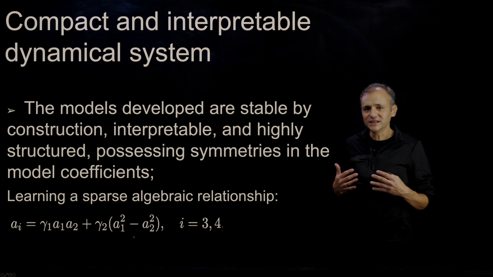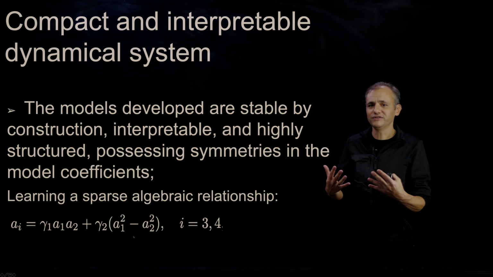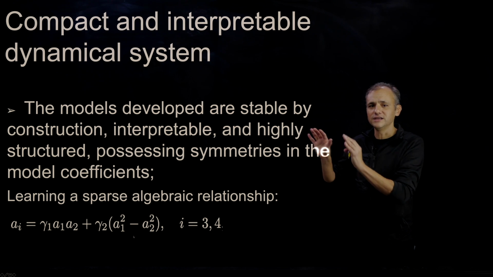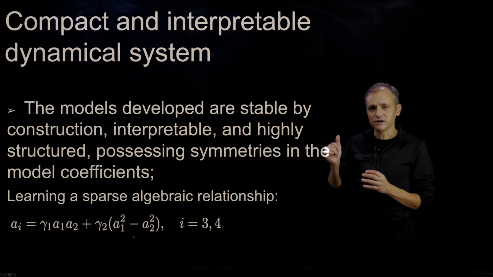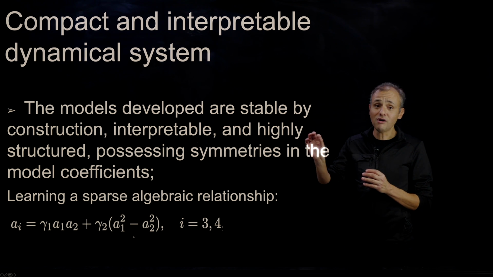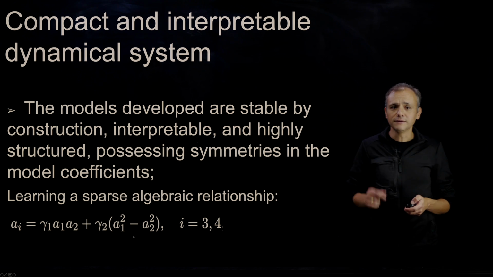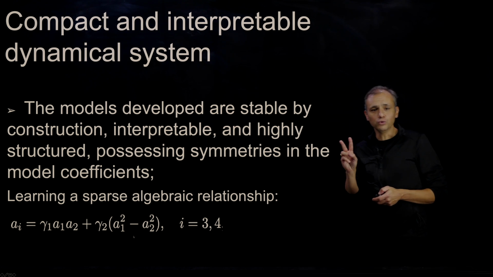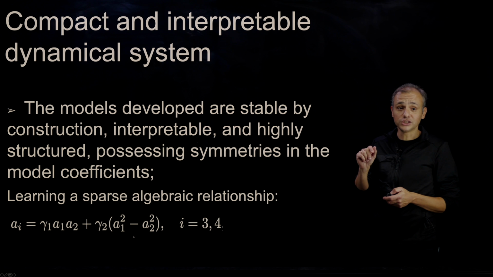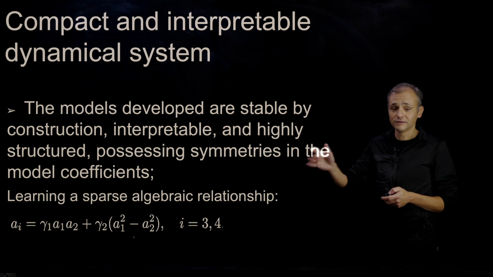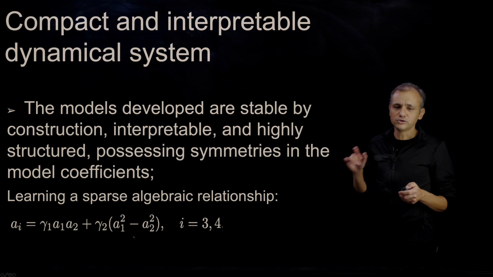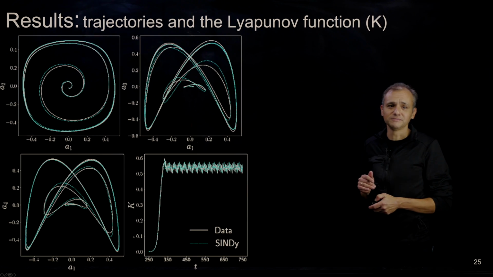Therefore, we are including some interpretation of the system, looking at these coefficients for the fixed parameter, or if you are using a parameterized system. Finally, we use the first 2 modes to construct a relation for the third and the fourth modes using this sparse algebraic relationship. All details you can check in our preprint.